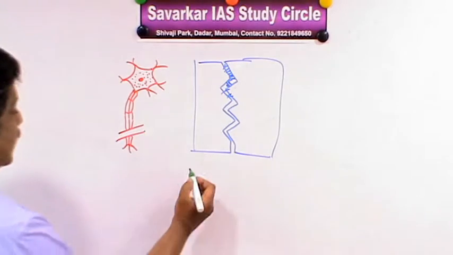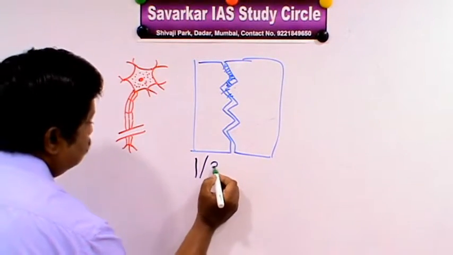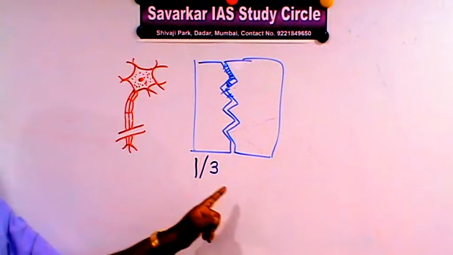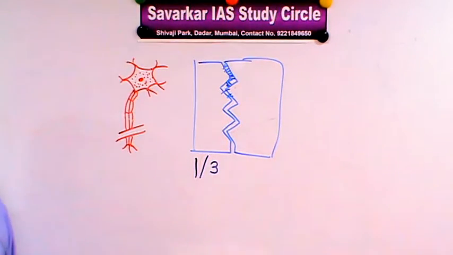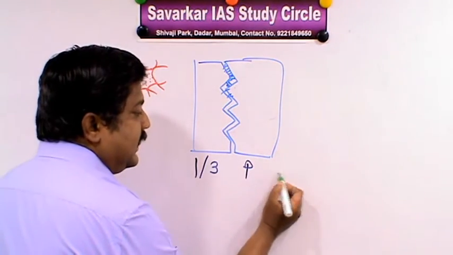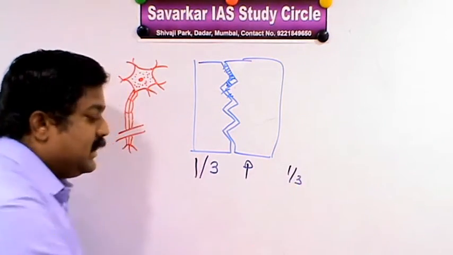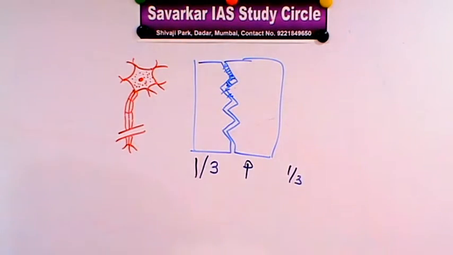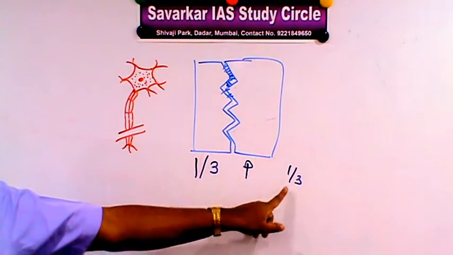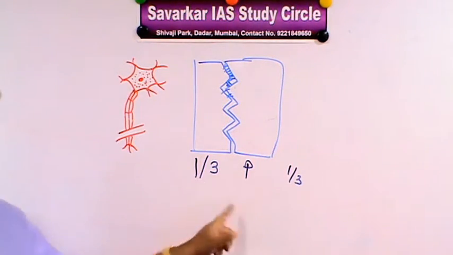So an impulse is taken from the skin, the longest distance, to the brain in 1/3 second. Then it gets processed and travels back, again 1/3 second. So 1/3 second plus 1/3 second, that is 2/3 second, plus processing time.